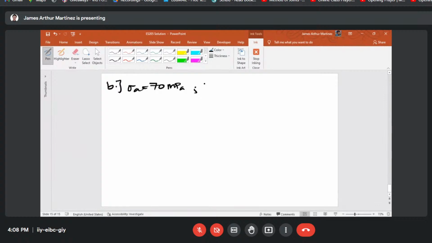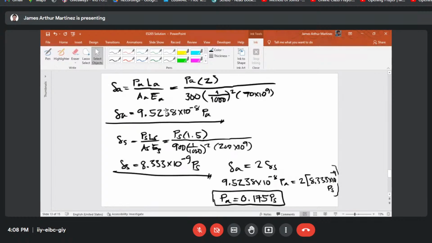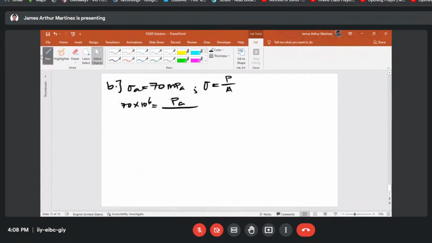So, by the formula for allowable stress, P over A, 70 times 10 to the power of 6 is equal to PA, the internal reaction of aluminum, over the cross-sectional area of aluminum, which is 300 millimeters squared.